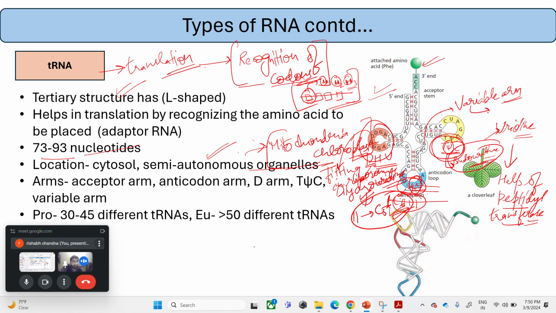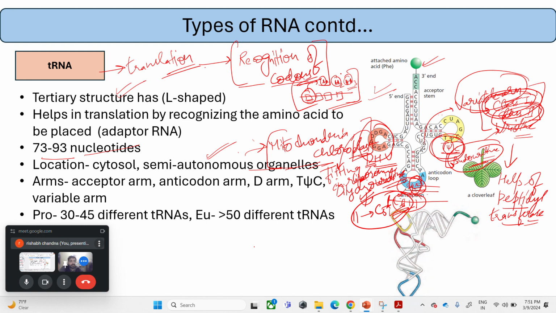Now we have one of the arms called the variable arm. This variable arm is different in different tRNAs, and based on its length, there are two types of tRNAs, class 1 and class 2. Class 1 has a shorter variable arm, and class 2 has a longer variable arm.